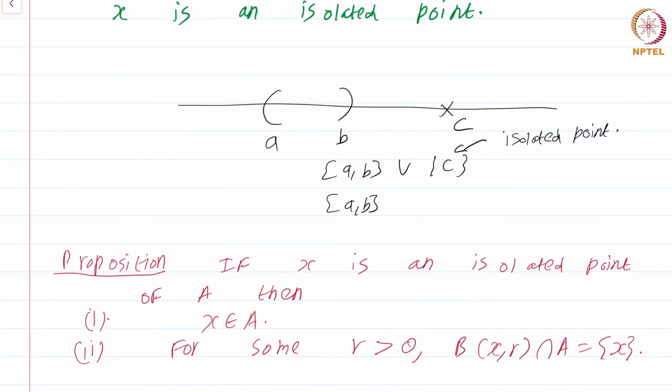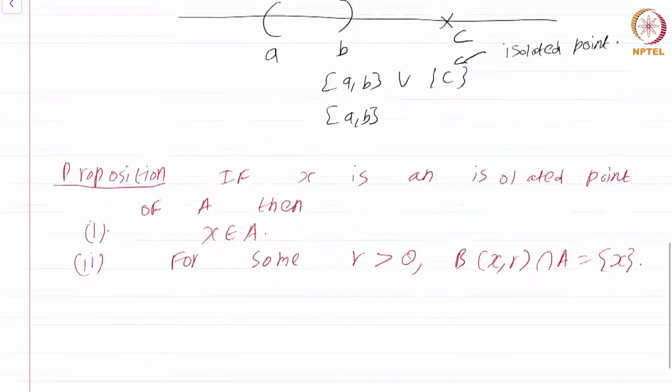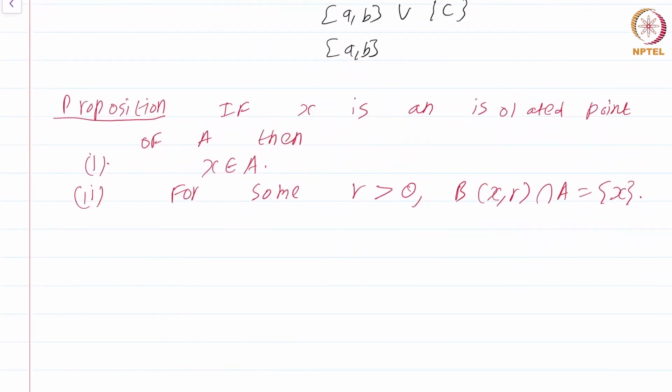The converse means that whenever you have a point such that every such intersection contains an element apart from x, then that point must be a limit point. But here B(x, r) intersect A is just the set with x. For some r greater than 0, we must have this. Proof. The proof is very easy.